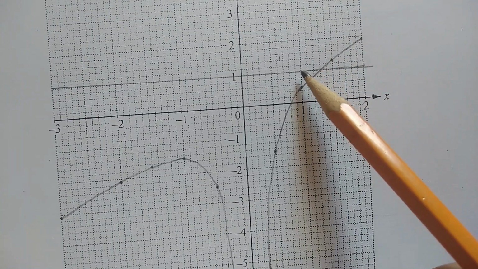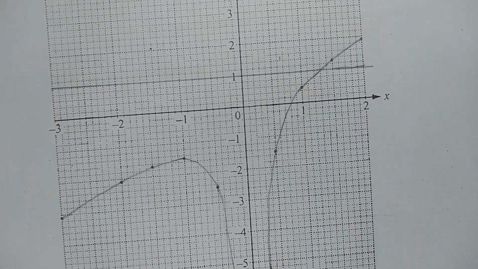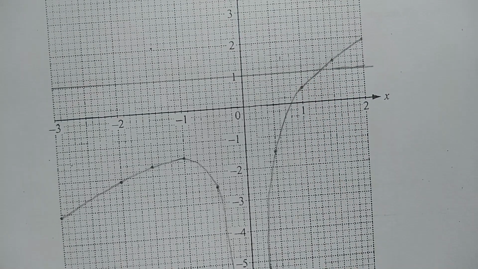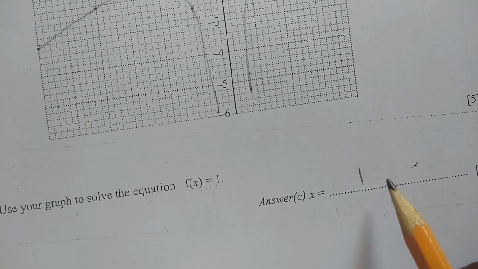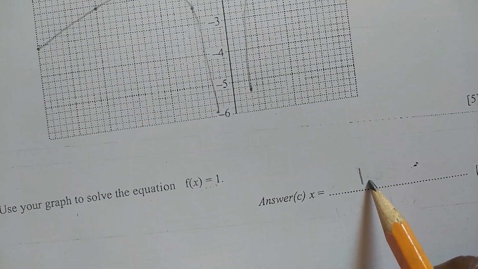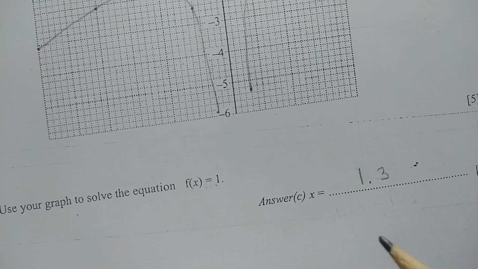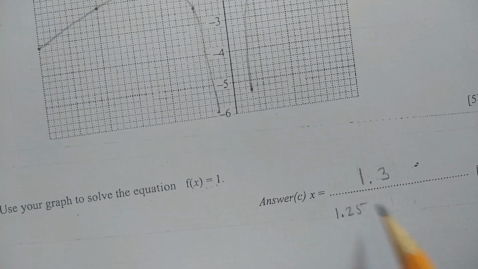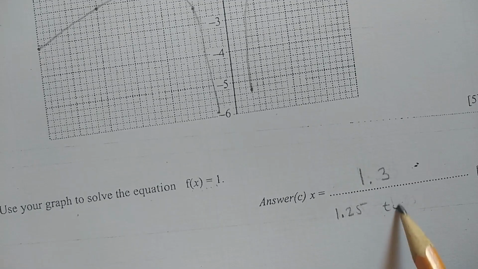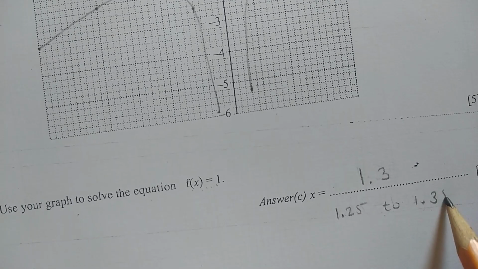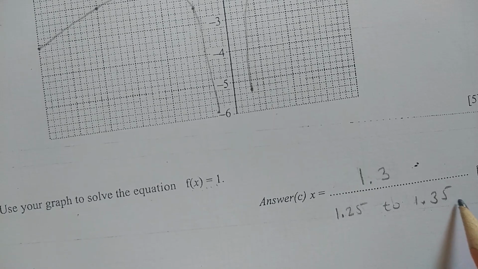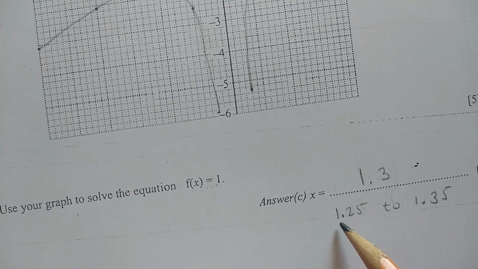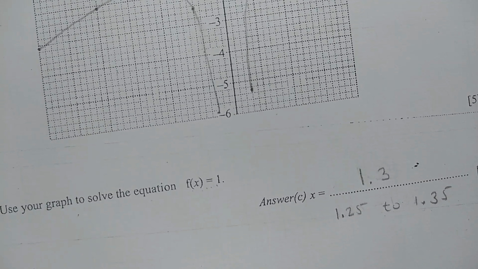So our answer is 1.3. Your answer is supposed to range from 1.25 to 1.35. If it's out of the range, it's wrong.